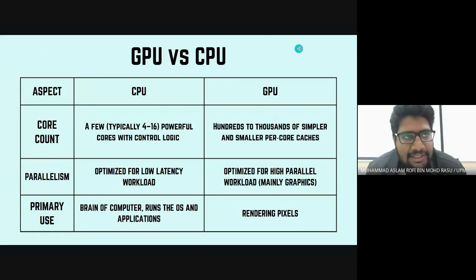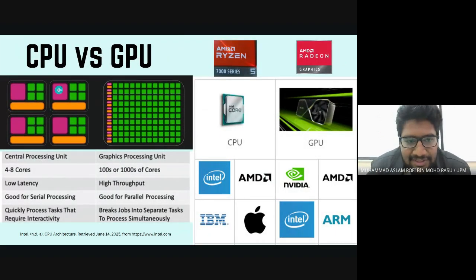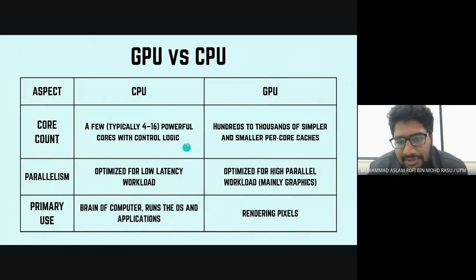Moving on, we can see the comparison of GPU and CPU. A CPU typically only has 16 cores with control logic. It's used for arithmetic problems, whereas a GPU can have hundreds or even thousands of cores. You can even look at the slide before. You see, the difference is only like 4 cores here, and it has multiple CPUs, whereas the GPU has thousands of cores.